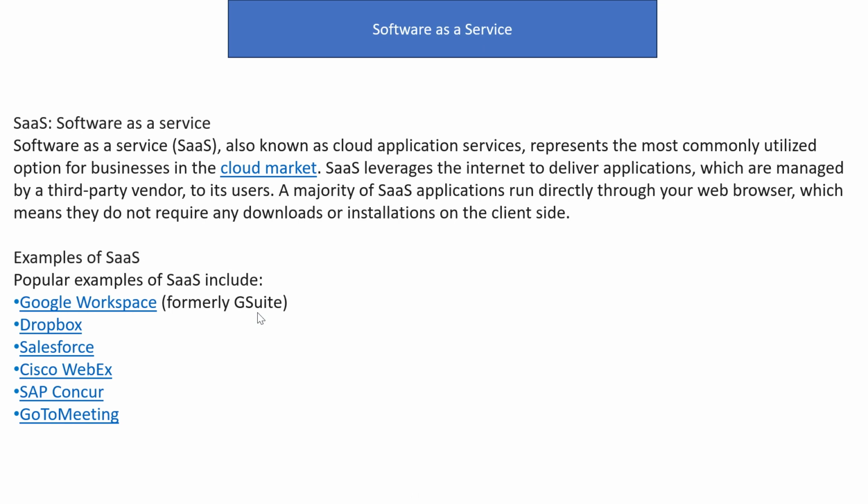We have SAP Concur, Cisco WebEx, Salesforce, Dropbox, and Google Workspace. These are examples of software as a service, and SAP Cloud Identity Access Governance comes under software as a service. Got it?